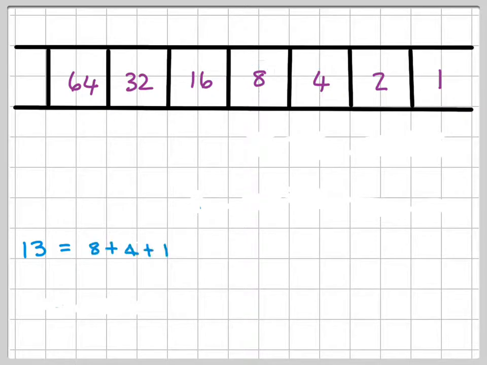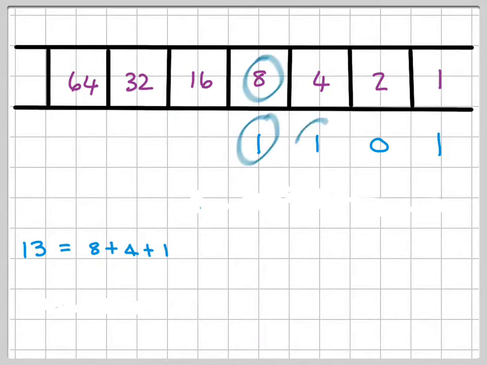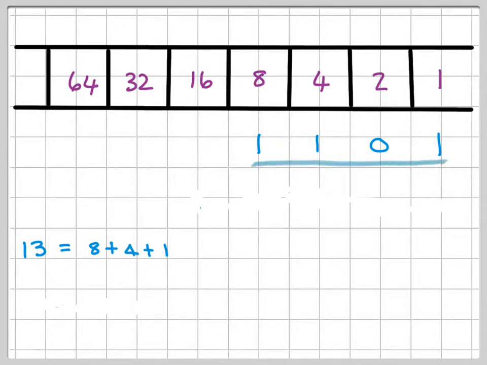Right, so let's write that down, 8 plus 4 plus 1. So we're going to put it here in binary then, 1 8, 1 4, 0 2s, and 1 1. So our number then for 13, as we worked it out, is 1 1 0 1. Right, so then you can see that is quite easy enough.